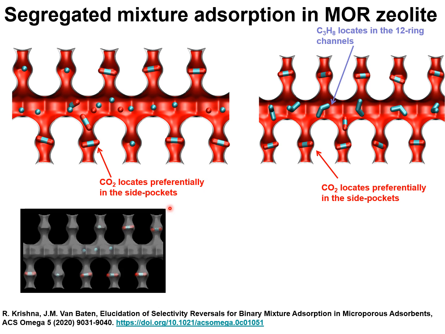The IAST for mixture adsorption equilibrium mandates a uniform distribution of gas adsorbates within the pore landscape. For adsorption of CO2 and alkane mixtures within Mordenite, we have segregated adsorption, with carbon dioxide preferring to locate within the side pockets.